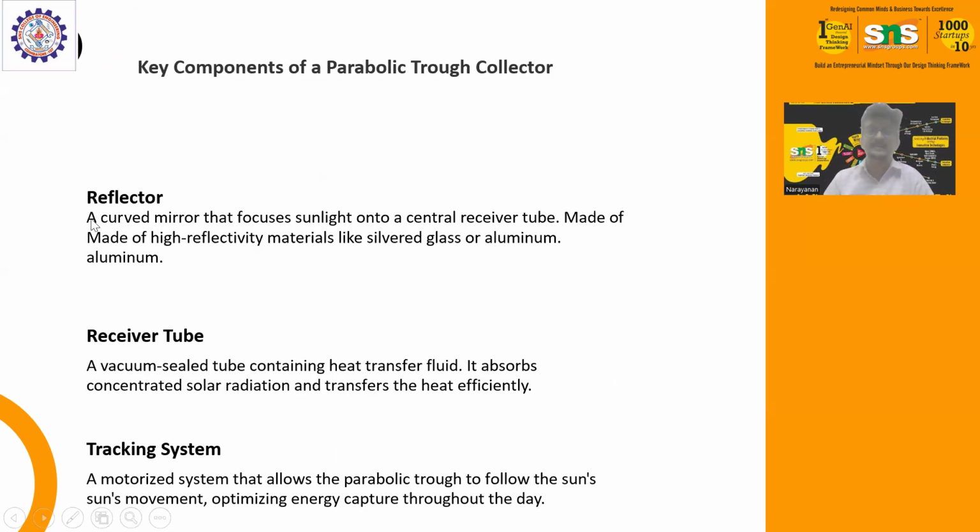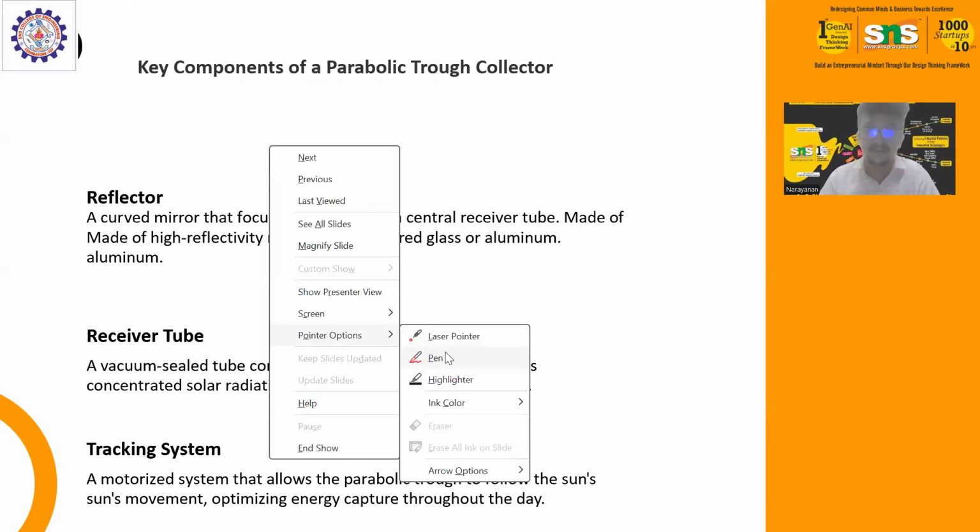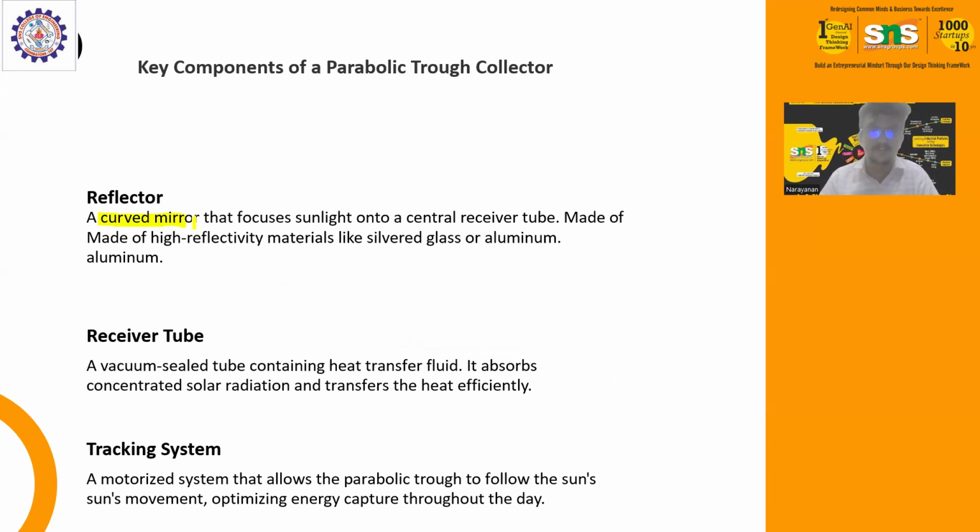The key components: a reflector, which is a curved mirror in the shape of a parabola. That is very important. A curved mirror should be in the shape of a parabola. Then only the radiations incident on the tube will be focused, and it should be made of high reflectivity materials.